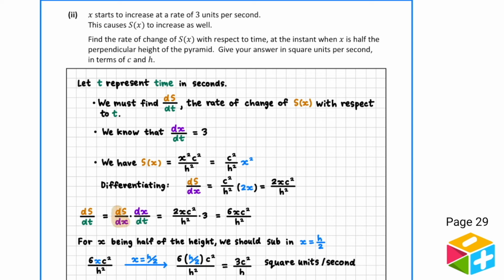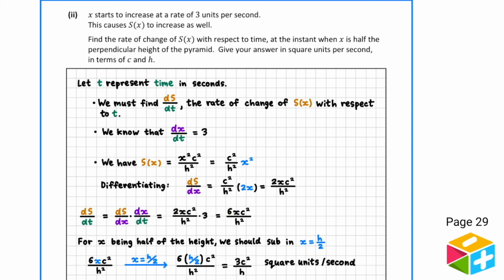We found that ds/dx is equal to 2xc squared over h squared. And we found that dx/dt is equal to 3. Since 2 times 3 is 6, we end up with 6xc squared divided by h squared.